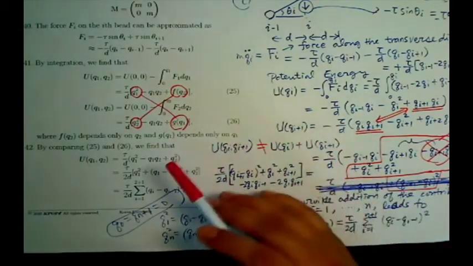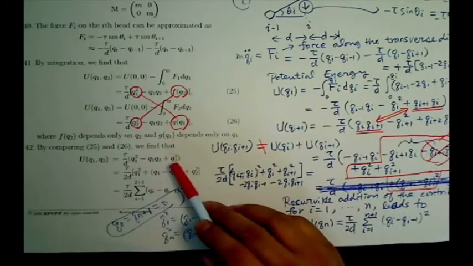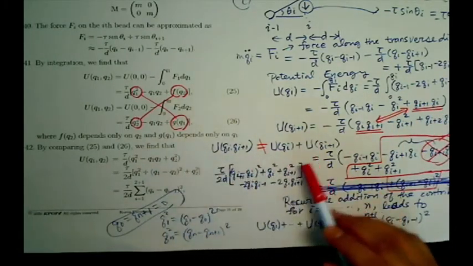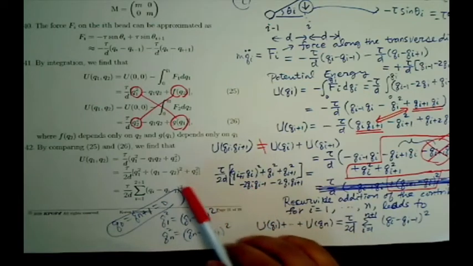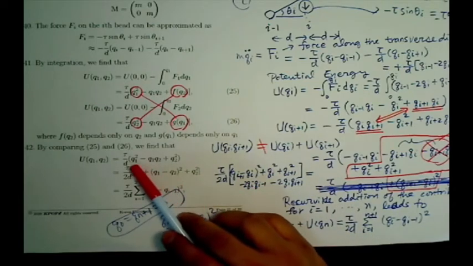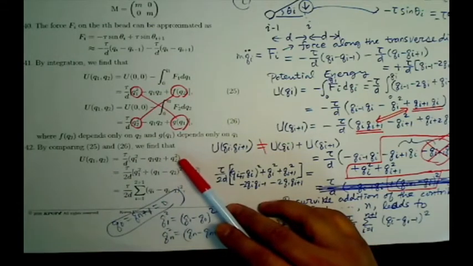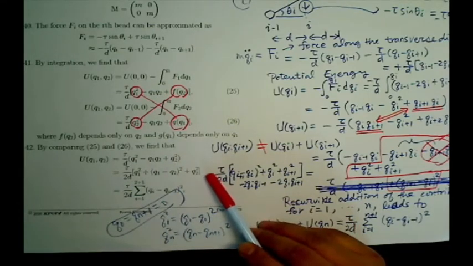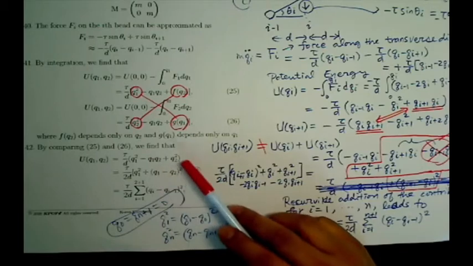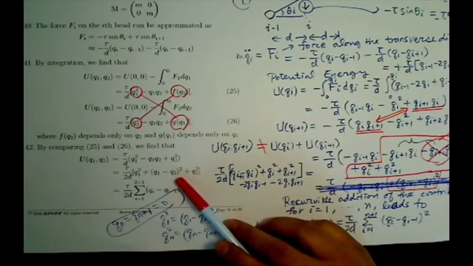If there are many more particles, this structure is continued to the end. Here, the last one is attached to the wall, the right side last one attached to the wall. So the structure is very similar to the case of a spring.